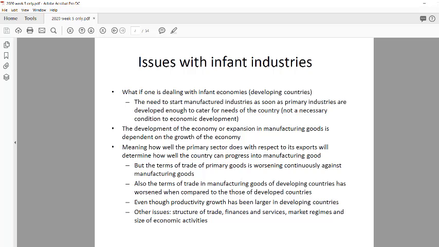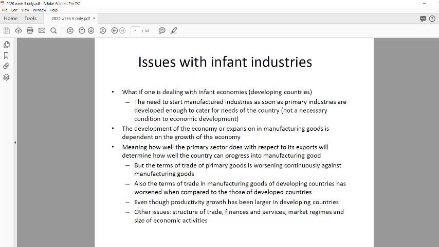This is where we're sitting, and this growth is what we need to allow ourselves to grow. But in the terms of trade, and yes, by now you should know terms of trade is the pricing, the pricing is favoring the manufacturing goods and not the primary goods. Then how are we going to grow as a developing country if this is where we're sitting? So it's difficult for us to catch up in that sense.